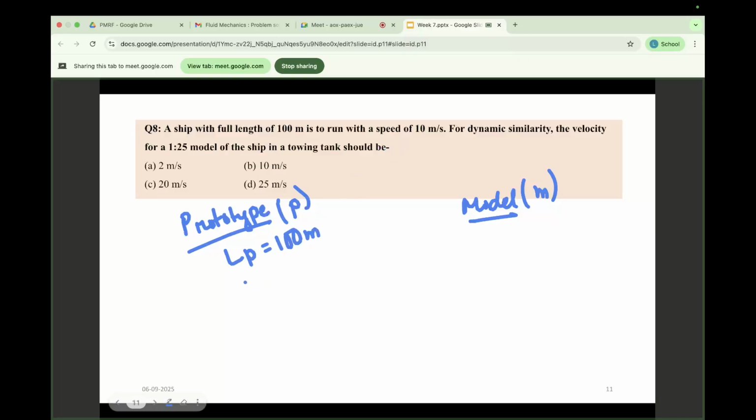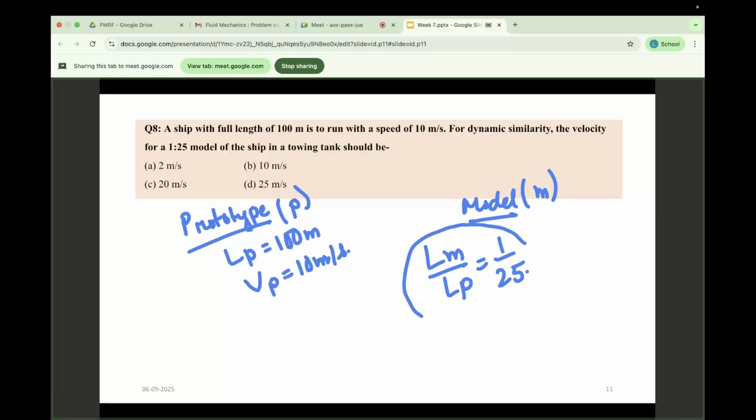And the velocity is given, VP is 10 meter per second. Also the scale is given, a 1 to 25 model. That means the length scale is given. What is the length scale? It is given as 1 by 25. Model to prototype is being scaled down by 25 times, right? So that is given in this question.